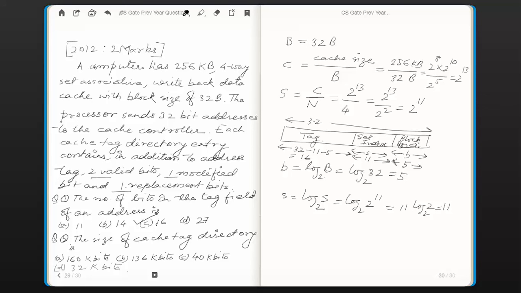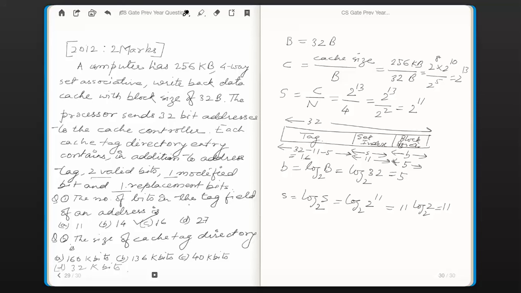So note this, whatever the cache type might be, the tag field would always be associated with each block of the cache and not with the sets. So this is one fundamental.